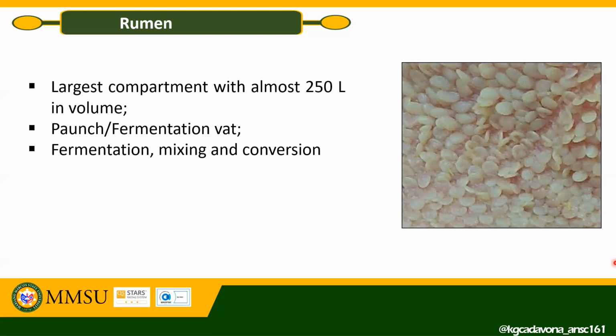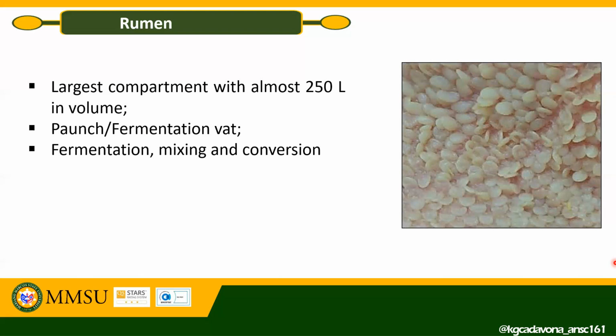Okay? So the feeds ingested, and let us remember na yung mga animals na to chew their cud for a couple of hours, which I will discuss later on yung process ng tinatawag natin na rumination. Then in addition, the rumen is also capable in fermenting these feed materials through the creation of gases.